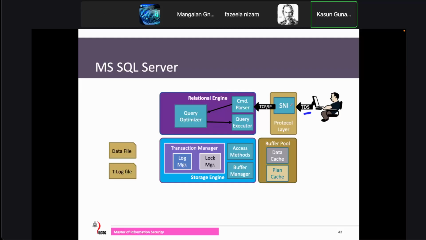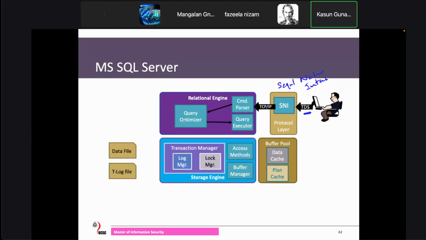SNI here, as I remember, is called SQL Network Interface. That is why it is called a network interface. It is again an interface for the client and the server. Then the request comes to the relational engine.